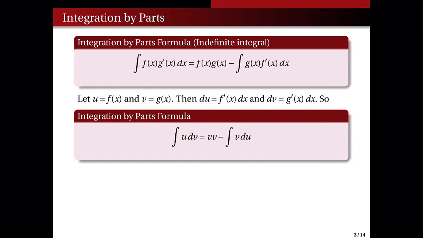One of the functions or a combination of functions there will become your u, and then the rest of the function times the dx becomes your dv. Once you have identified u and dv, you can now apply this formula.